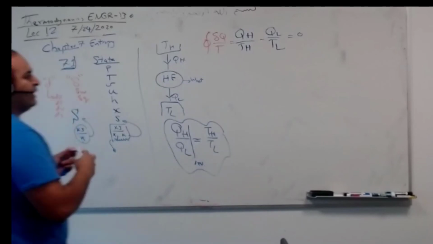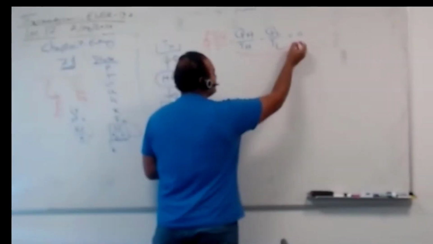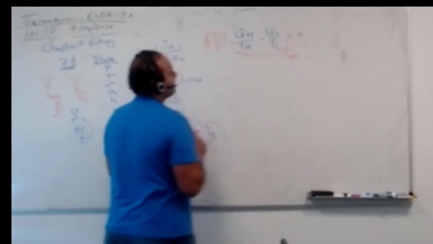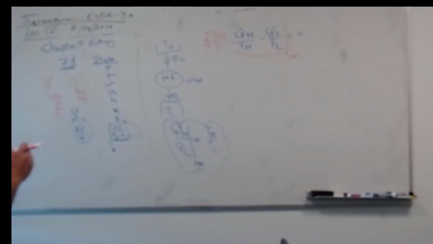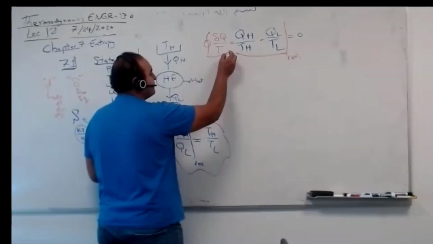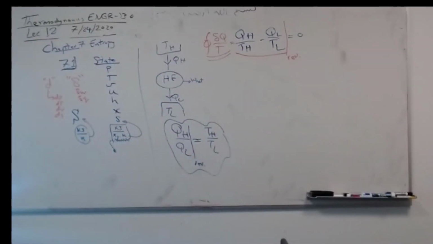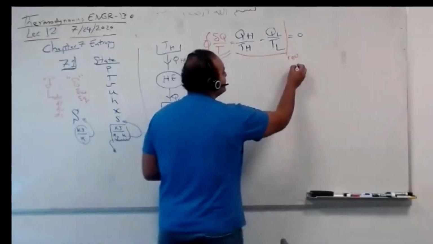Okay, so does everyone agree with me? This equals 0 if it's reversible. If this is reversible, of course it's 0. Mathematically this means that. In reality, this is always lower than 0.